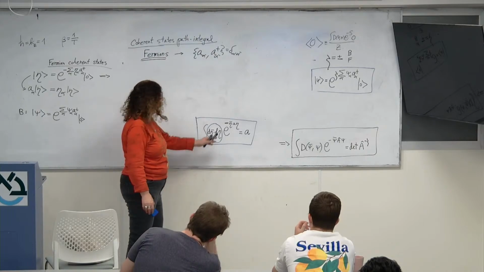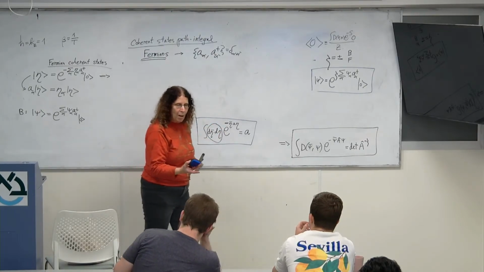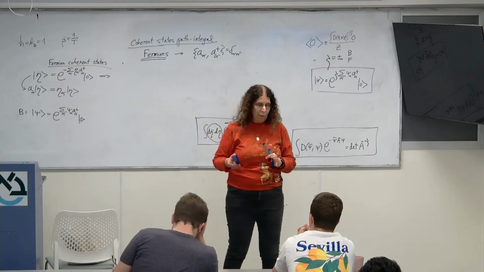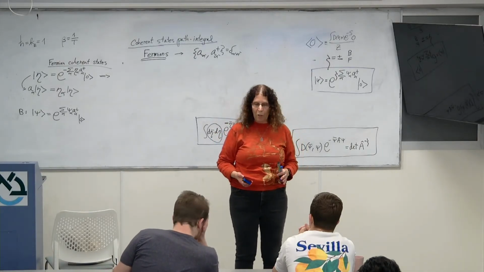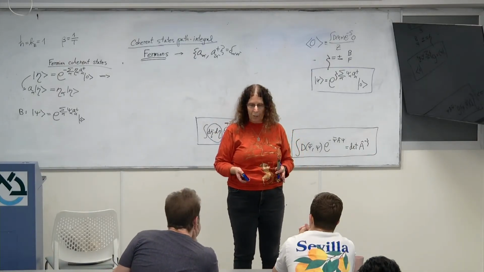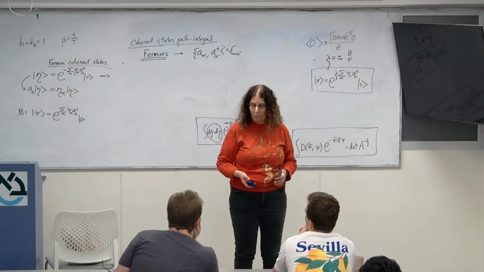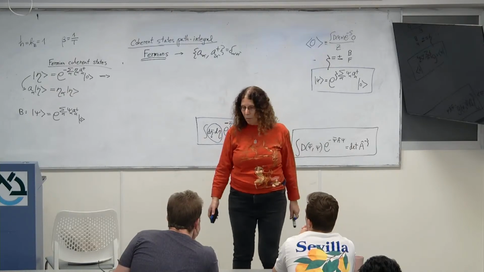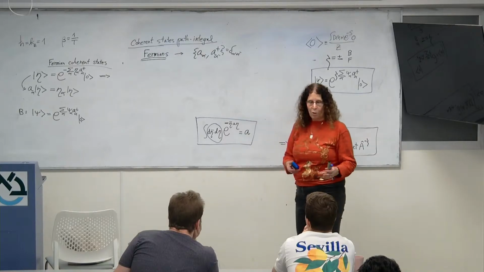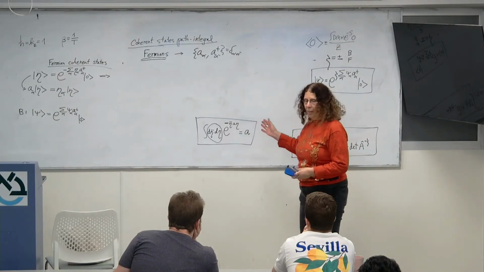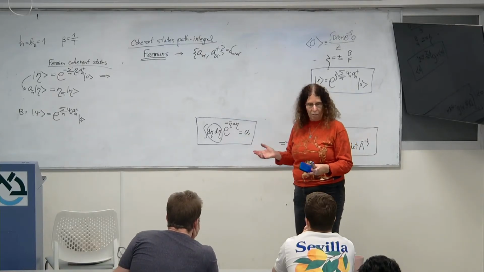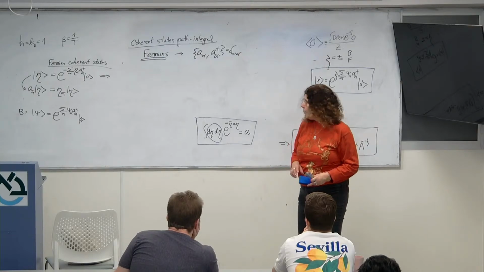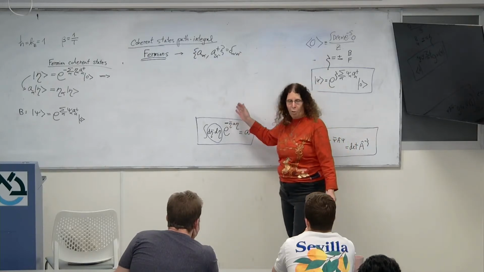But eta bar, again, eta bar is a different variable. So the combination eta bar times eta is not 0. So it doesn't matter if there's a prime or not. The prime matters only if you have eta and eta; eta bar you can think of as a prime.